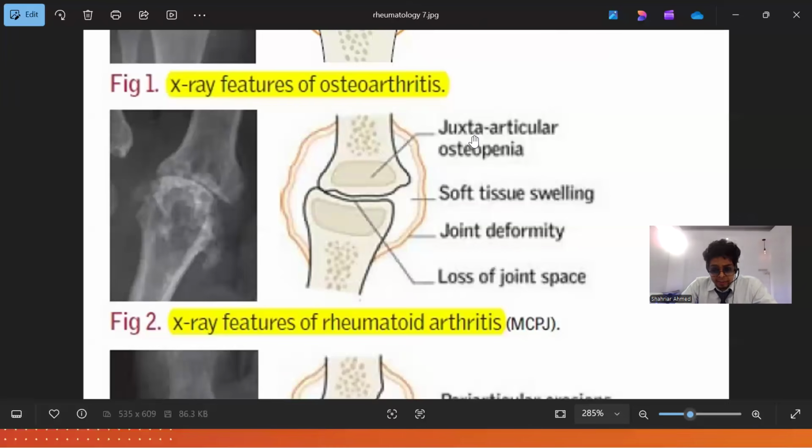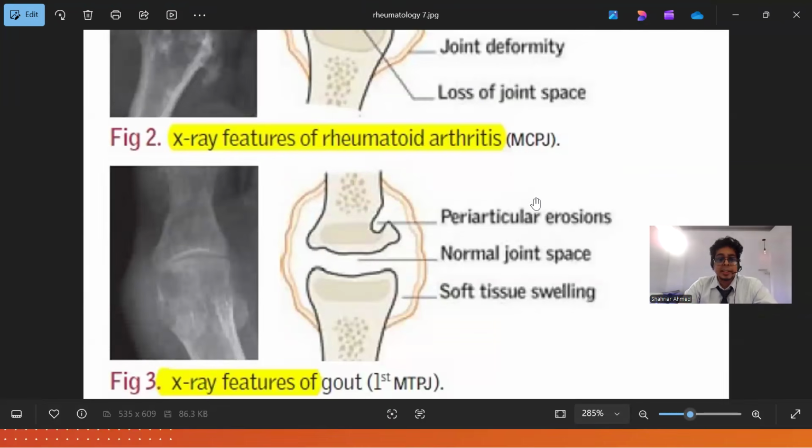I repeat, there will be another thing, osteopenia. I'm talking about the radiological background. History-wise, there are seven different things in rheumatoid arthritis, right? There's a criteria, but we are not there yet. Radiologically speaking, osteopenia. Yes, there will be swelling as well, and also osteopenic change, and loss of joint space is the common thing.